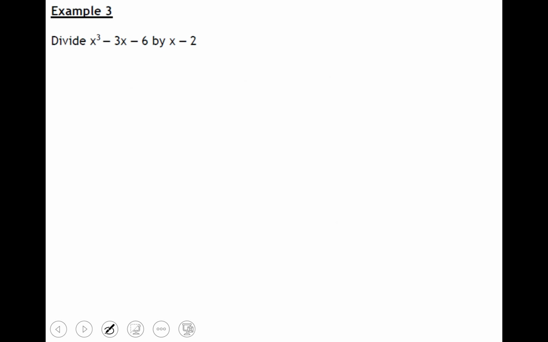Now, next example. One complication you get is when the function you're dividing has missing powers of x. Now you have to be careful here, but if you structure it properly, it won't work out too differently. So again, the x minus 2 on the outside of the bus stop, we put in x cubed, or at least attempt to.